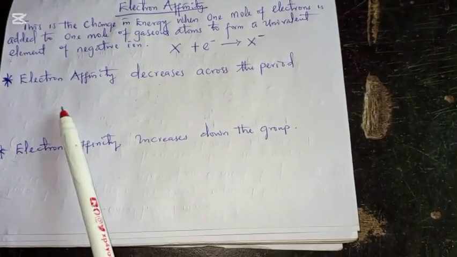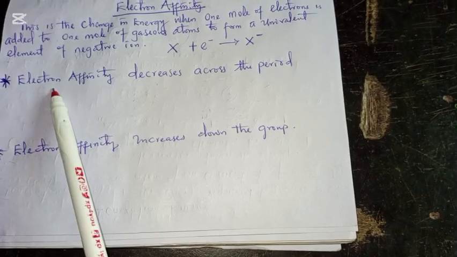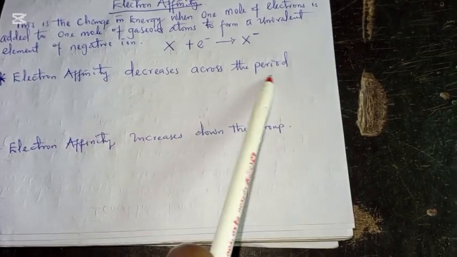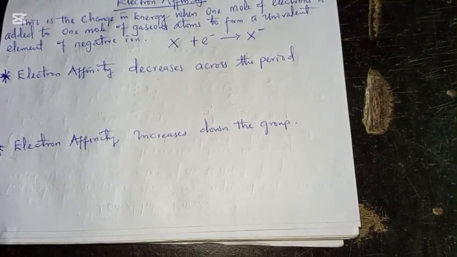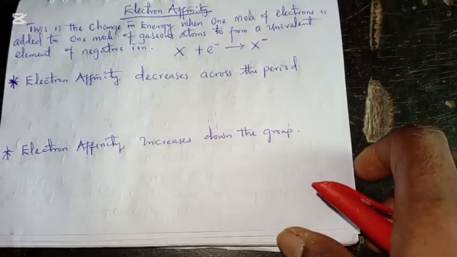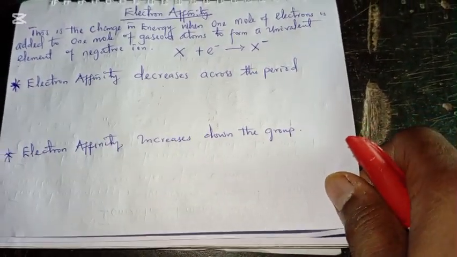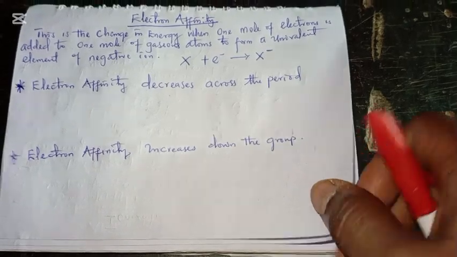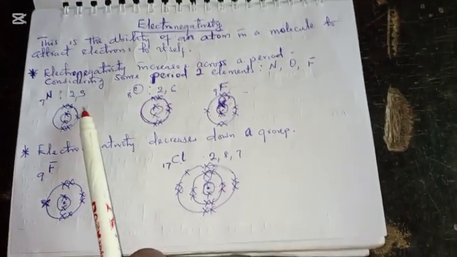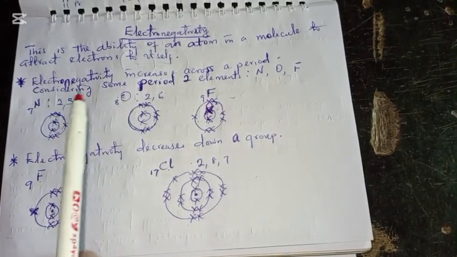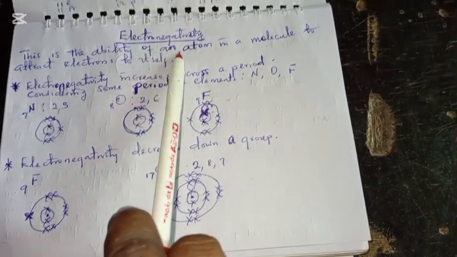But then we need to know the fact that electron affinity decreases across the period and also increases down the group. Now, to understand it very well, or to attest to that fact, I would like us to consider electronegativity, because electron affinity is the energy related to electronegativity.